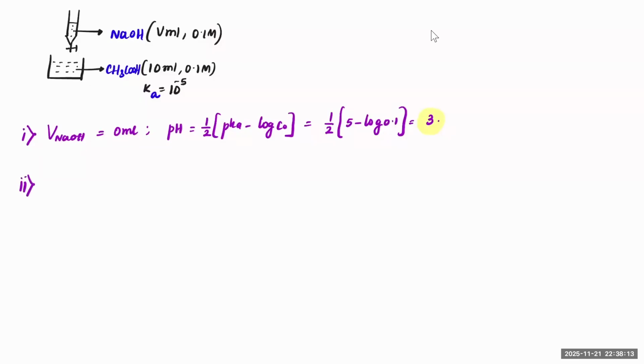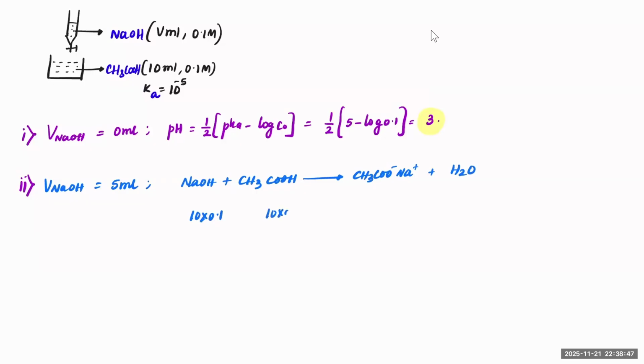Second case is when the volume of NaOH is, let's say, 5 ml. At 5 ml, what do we expect? NaOH plus CH3COOH will react to form CH3COONa plus H2O. So here NaOH is 5 into 0.1 and the acid is 10 into 0.1.